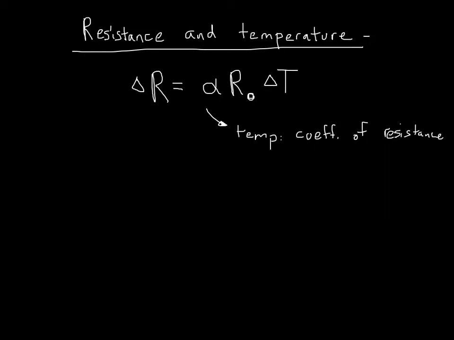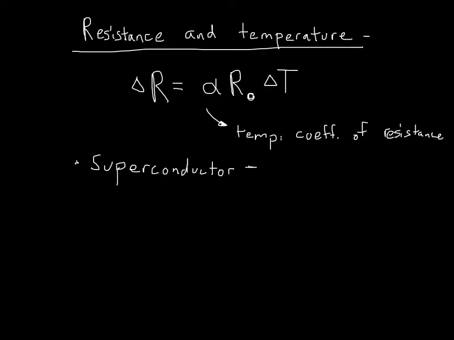And you can do some calculations with this, you can do some problems in your book with this, but where this becomes really, really popular and very useful is with the concept of something called a superconductor. And superconductors are very, very cool, literally and figuratively.